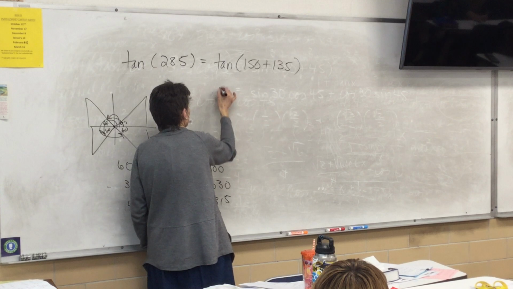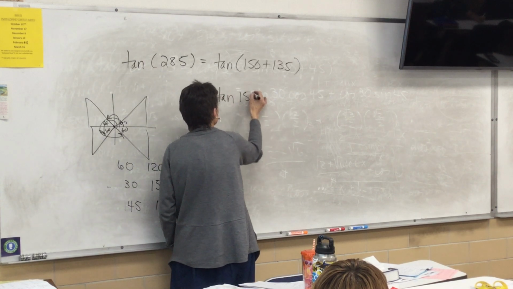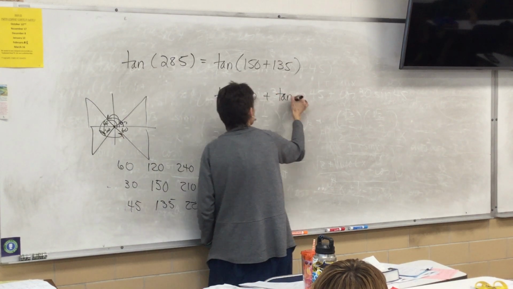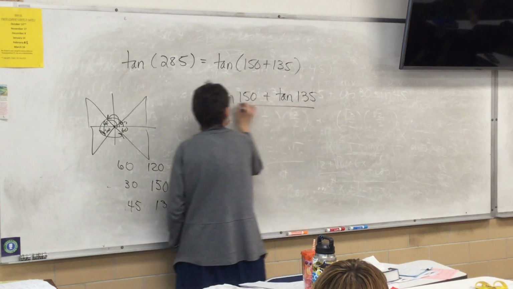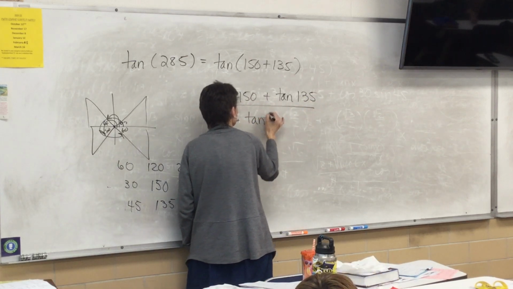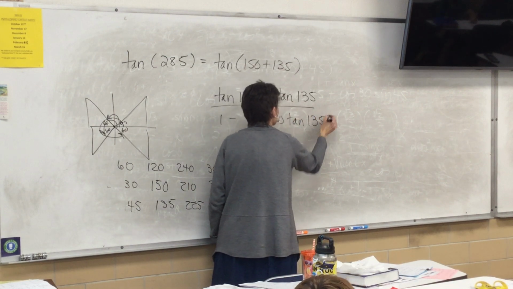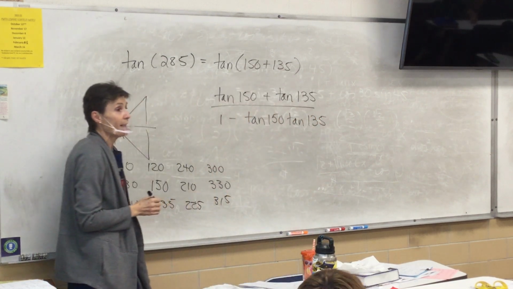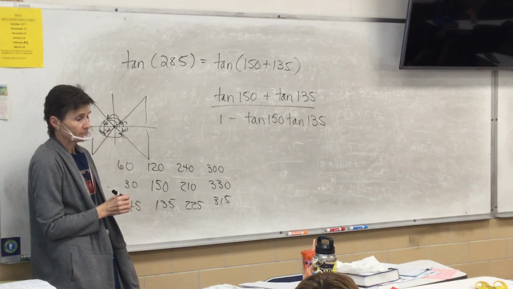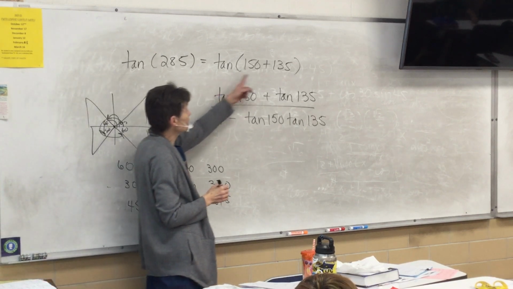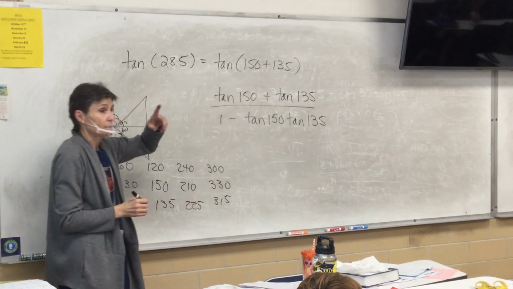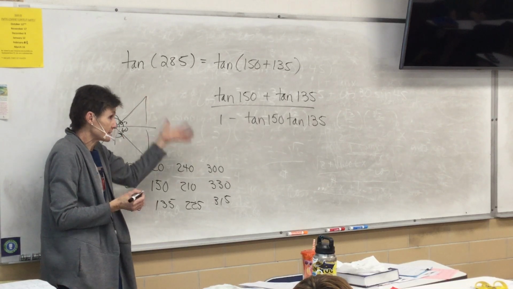Okay, so that formula says tangent 150 plus tangent 135 over 1 minus tan 150 tan 135. So just plugging in my alpha and beta into my tangent sum formula, because Joseph chose to write this as a sum.